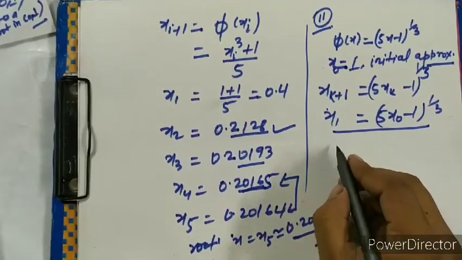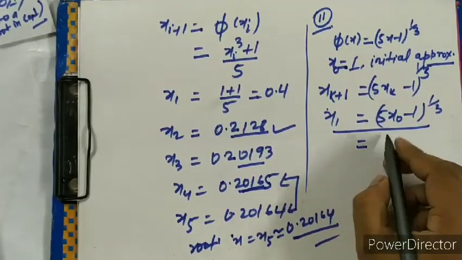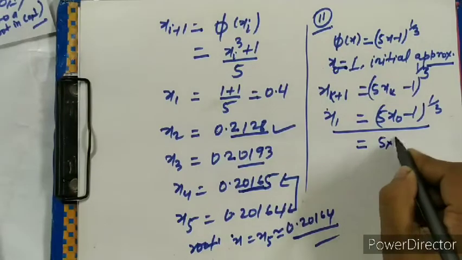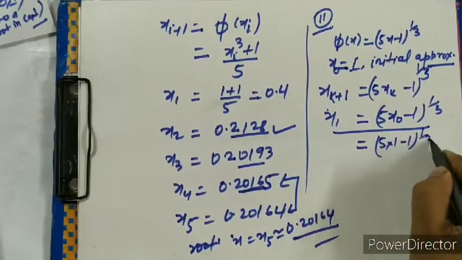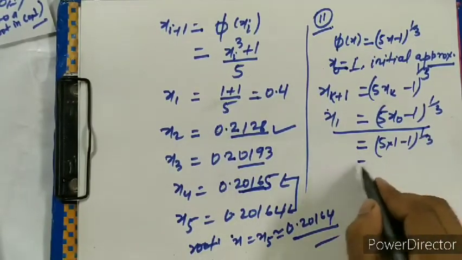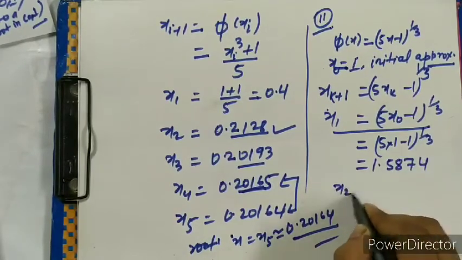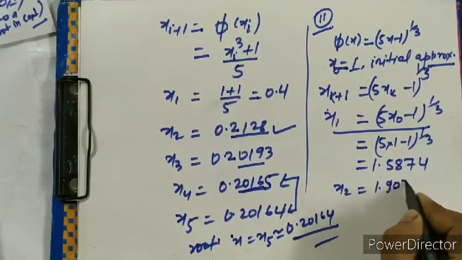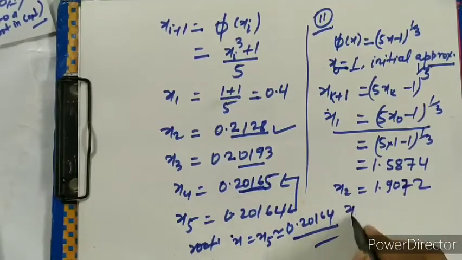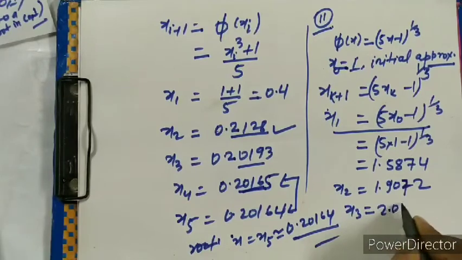Okay. So what is x1? x1 is equal to (5 into 1 minus 1) power 1 by 3, which is equal to 1.5874. x2 equal to 1.9072. x3 equal to 2.0434. x4 equal to 2.0968.